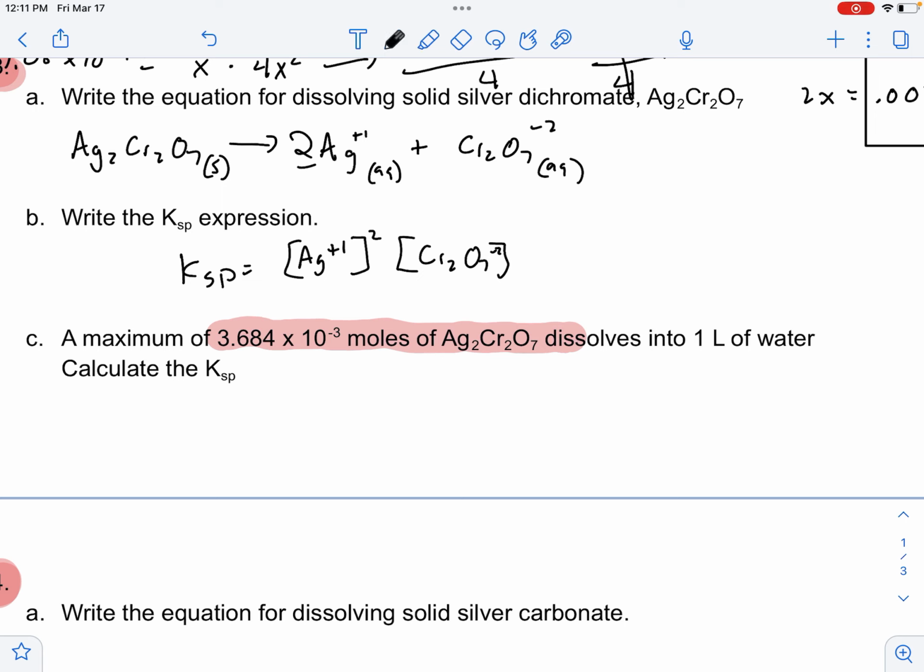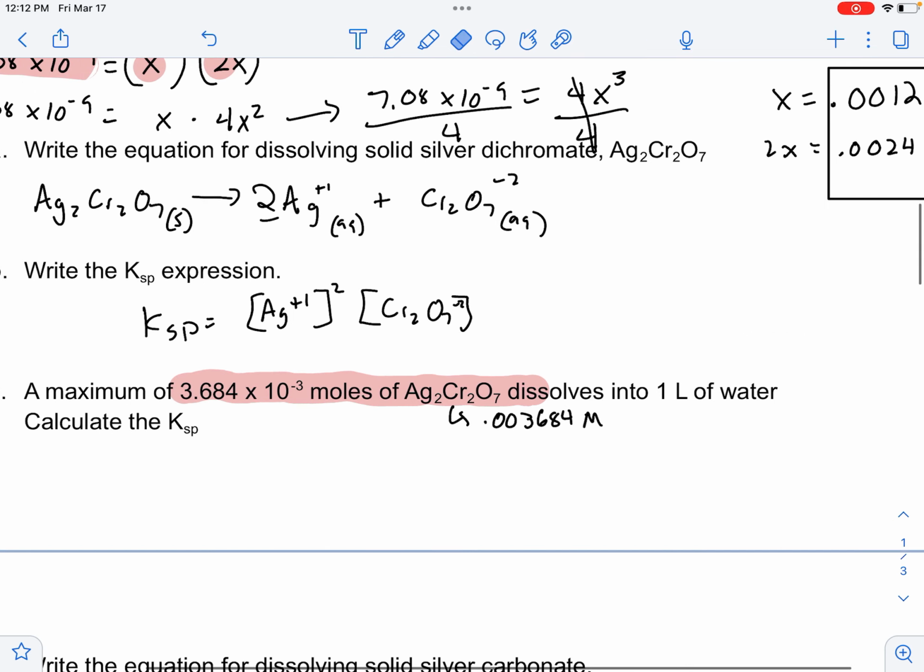So what that's telling us is the molar concentration of silver dichromate, which is 0.003684 molar. All I did was convert this, divide it by your liters of solution, which you divide by 1, so you're getting the same thing, and then I'm just getting rid of the scientific notation.